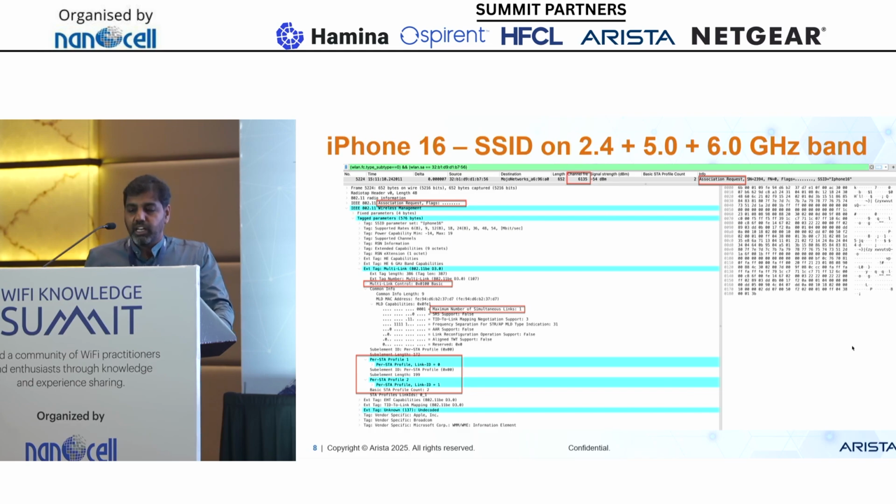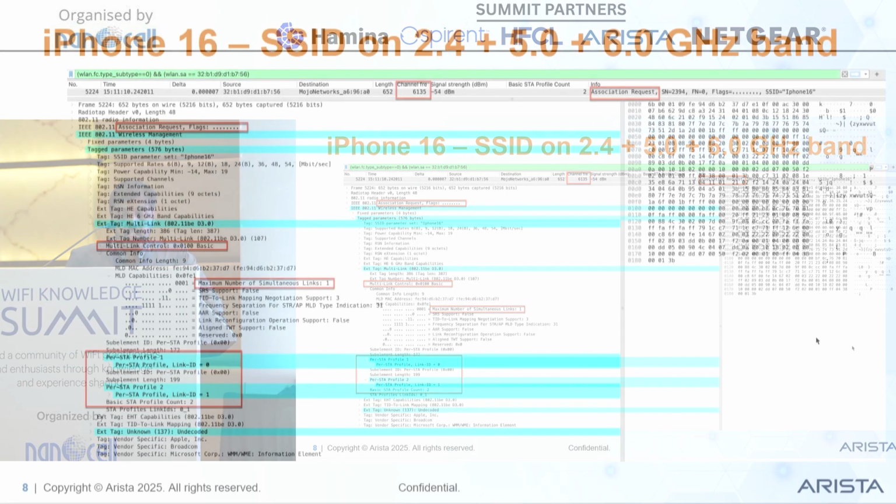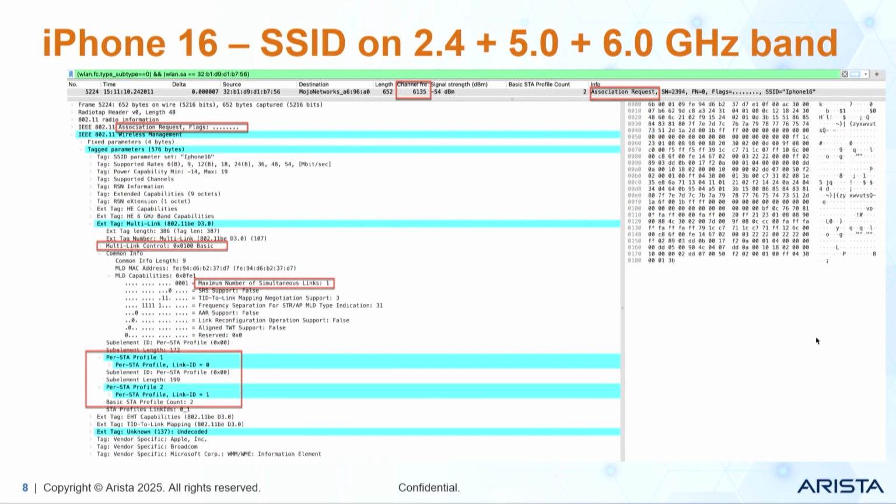So let us deep dive into the iPhone characteristics. What we currently see is an association request packet from iPhone 16. This packet is taken on the 6 gigahertz channel, maybe 37. Let me highlight. What you see here is the common multi-link control, right?